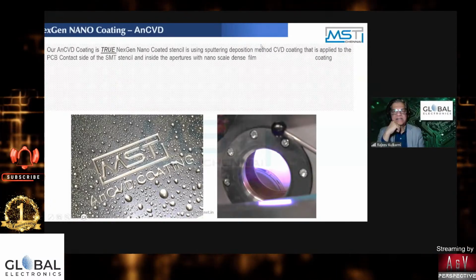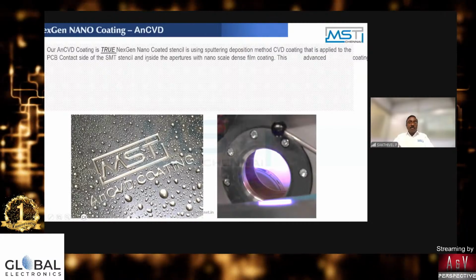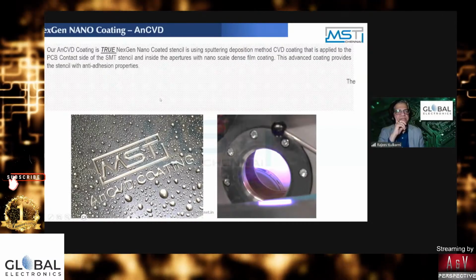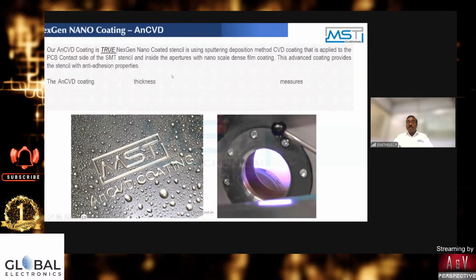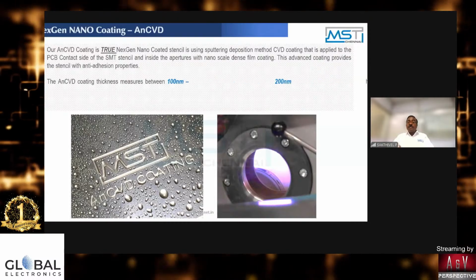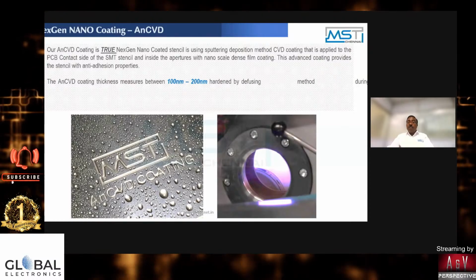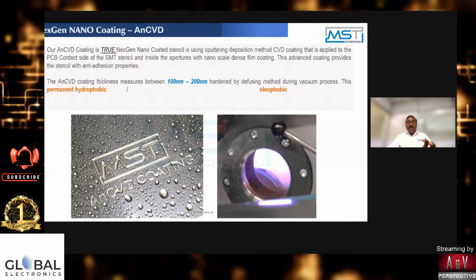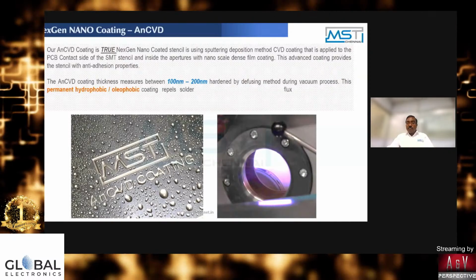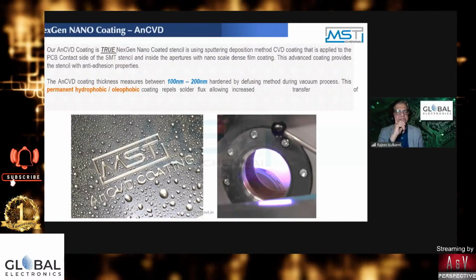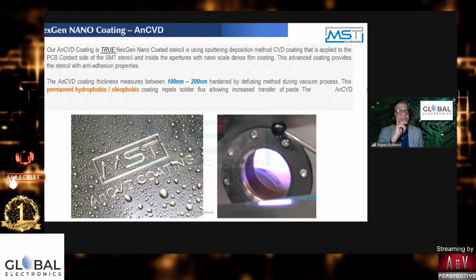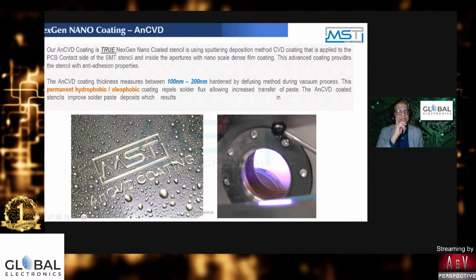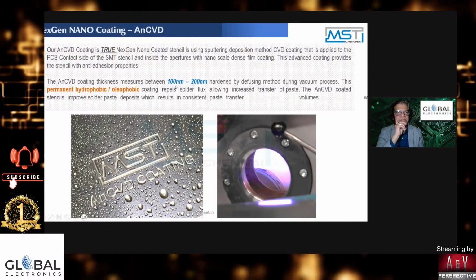The CVD coating has been applied on the PCB contact side, and inside the aperture walls also, not only the surface. Because this is done using a diffusion method, the vapor is generated and passes through the whole wall, so the coating is assured.